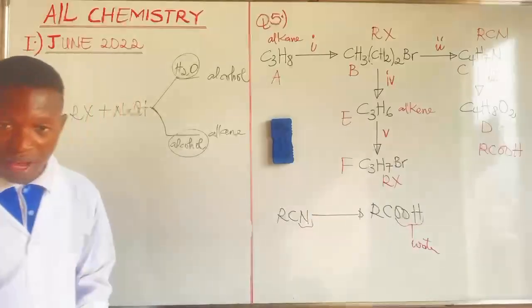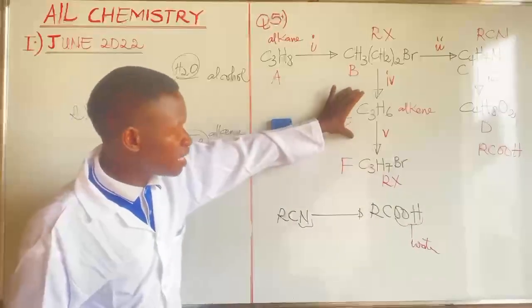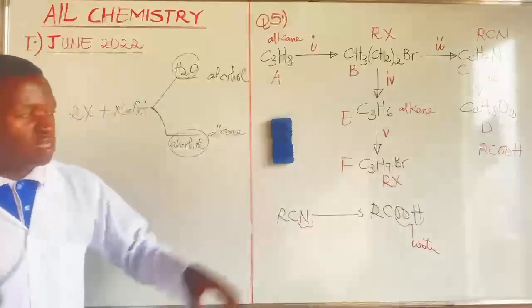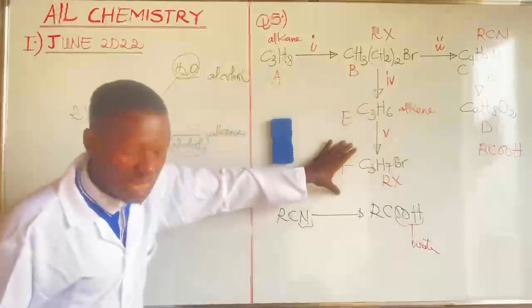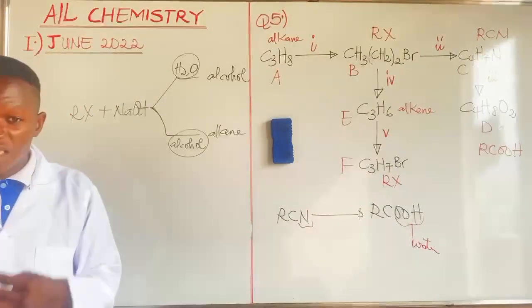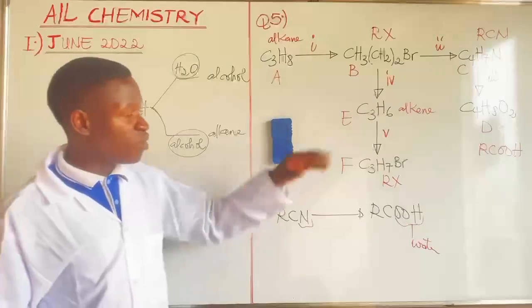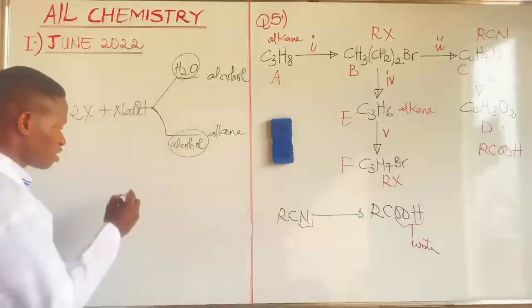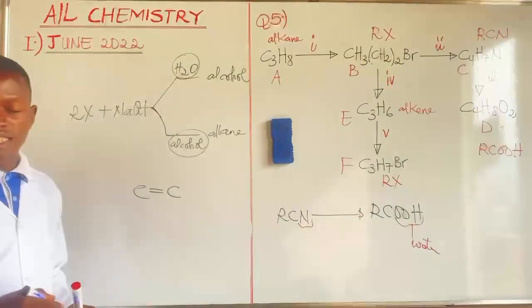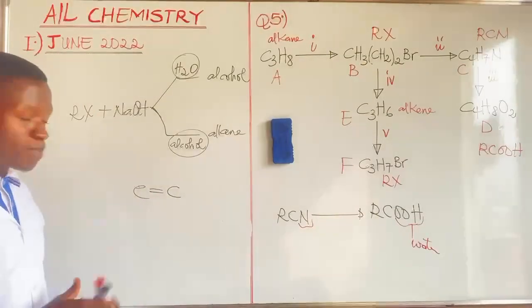Lastly, Roman 5, we are leaving from alkene to haloalkane. Alkenes to haloalkane, unsaturated to saturated. We call that addition reaction. The alkenes have a double bond. The double bond is an electron-rich center. It has pi electrons.